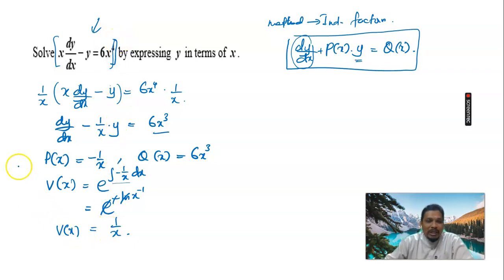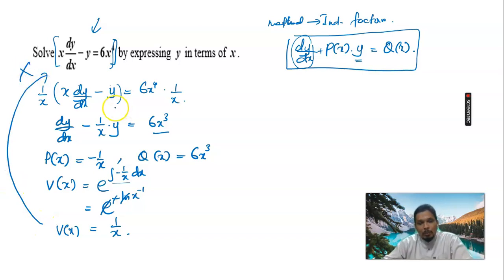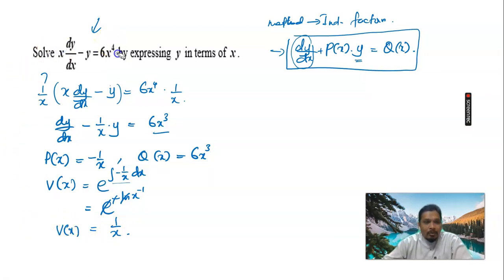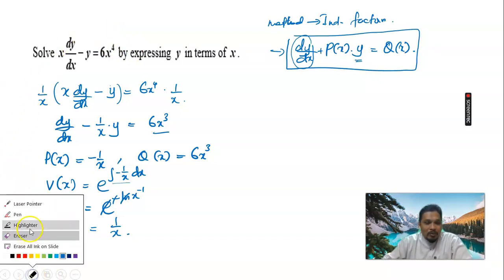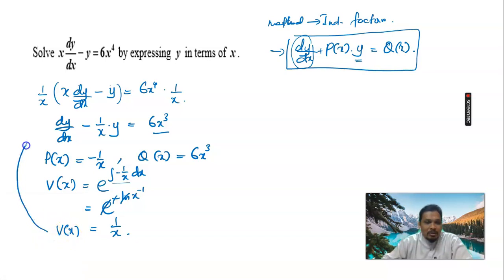We are not going to multiply v(x) with the original question because the equation x dy/dx minus y equal to 6x to the power of 4 is not exactly in this form. We are going to multiply v(x) to this equation, because this equation of dy/dx and y is exactly in this form.